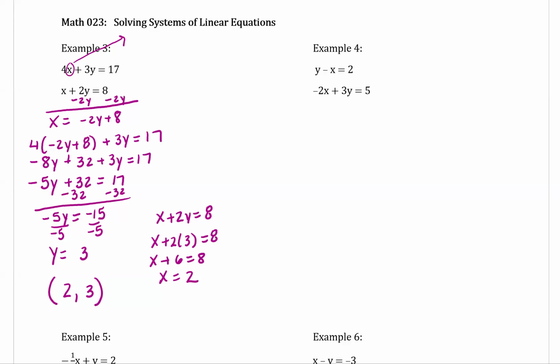Example 4. I'm going to solve the first equation for y. So I'm going to add x to both sides. I'm going to substitute in x plus 2 in the second equation for y. Distribute, combine like terms, and solve for x.